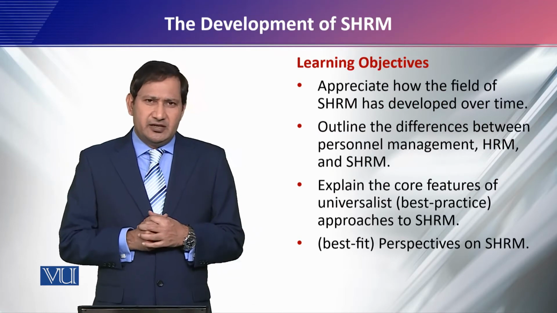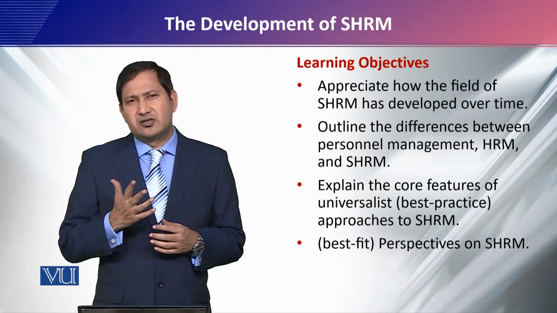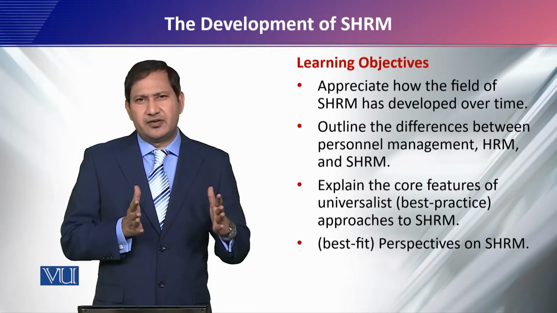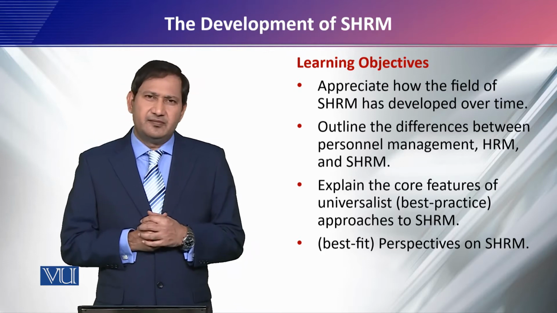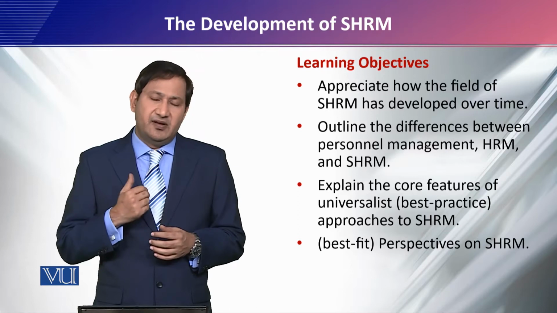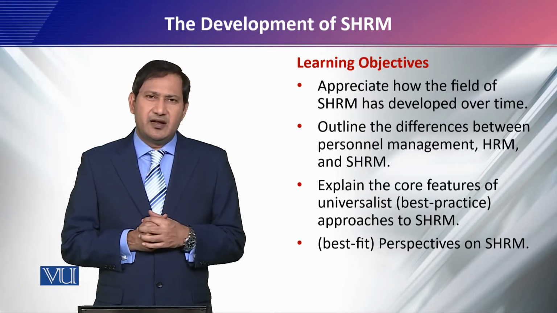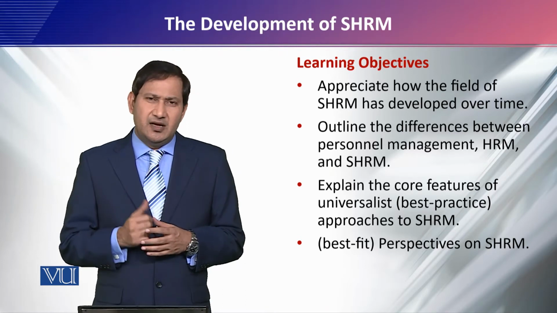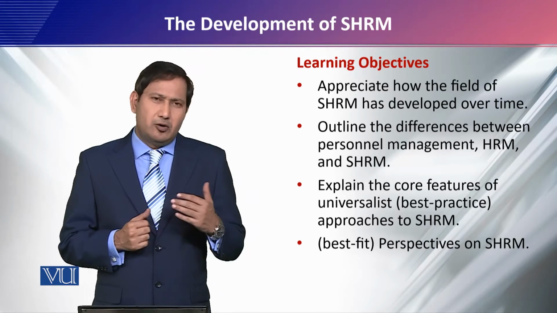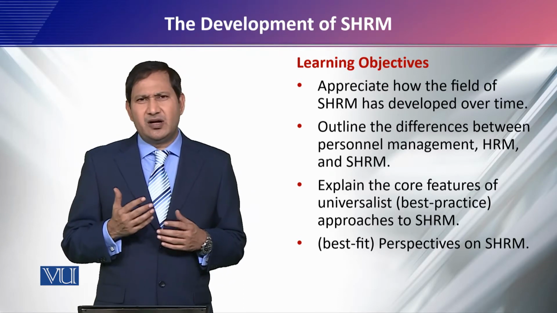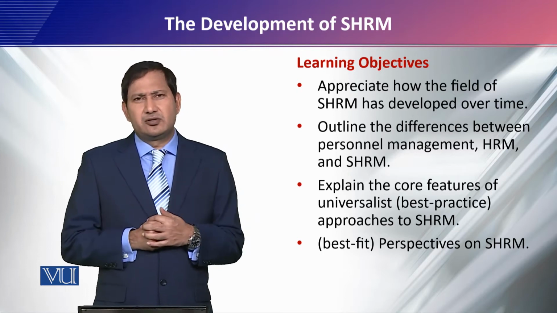Following our conventional method, first we will discuss the learning outcomes and the concepts we will discuss in this chapter. First, we will appreciate how the field of SHRM has developed over time, outline the differences between personnel management, HRM, SHRM, and some other terminologies, and explain the core features of the universalist, also known as the universalistic perspective on strategic human resource management.